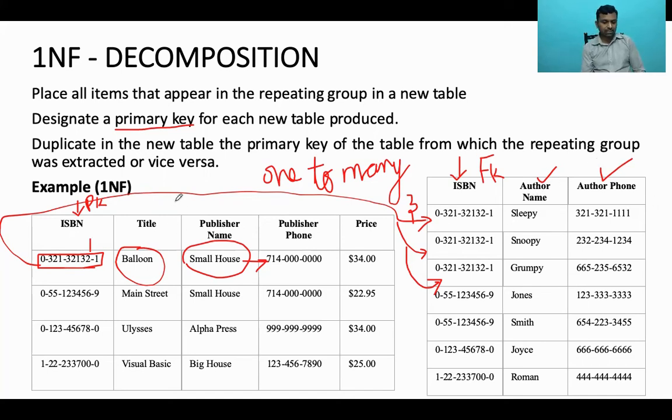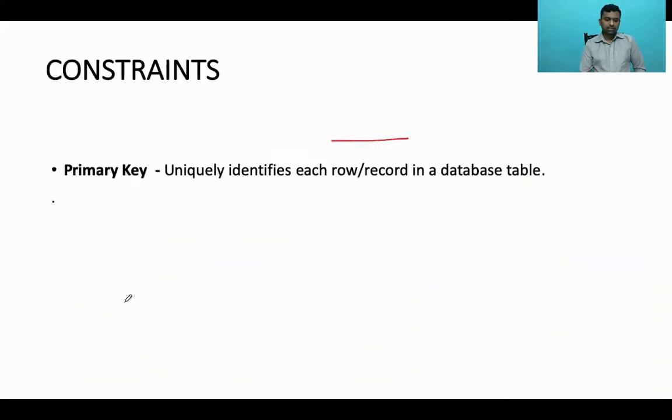For example, if this table is the publisher table and this table is the author table, then for author, ISBN is my foreign key, and for publisher, ISBN is my primary key, because the foreign key relates to my parent table with the help of a relationship constraint. What is that? Primary key and foreign key. That's how it gets related, or else I cannot relate my tables. And that's your foreign key.